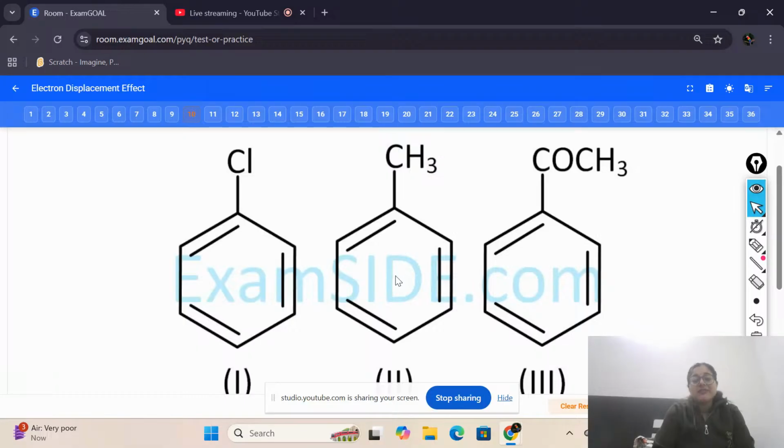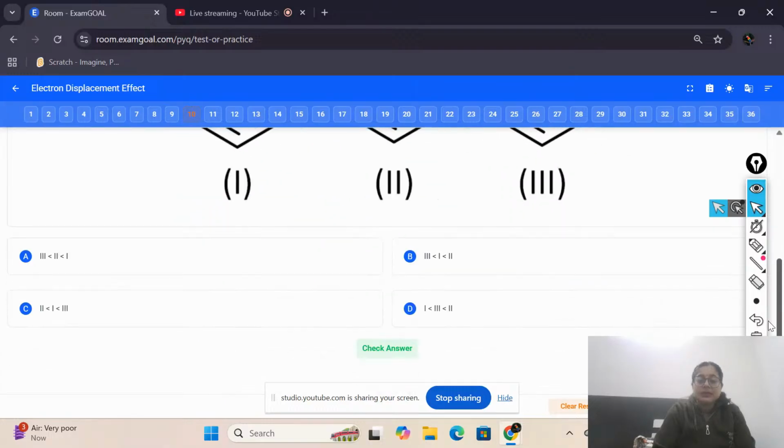So the second will have more priority, as compared to this one showing the minus I group, and it has a minus I plus R group. So that is the second priority, and this is a minus R minus I group, so it has the third priority. So second, first, and third will be the correct answer. So the second has more priority than the first and then the third.